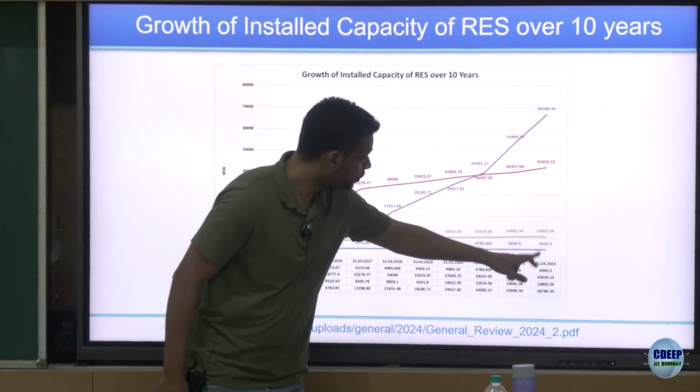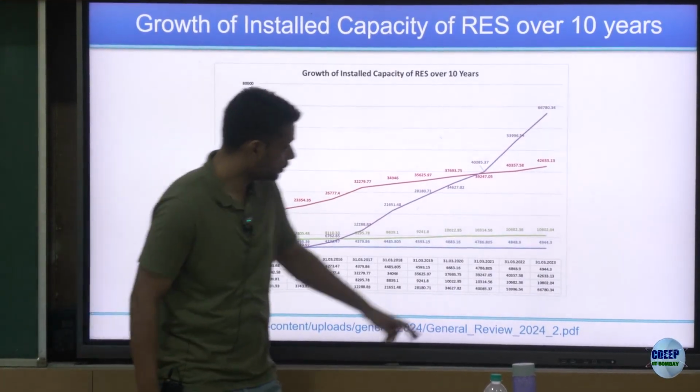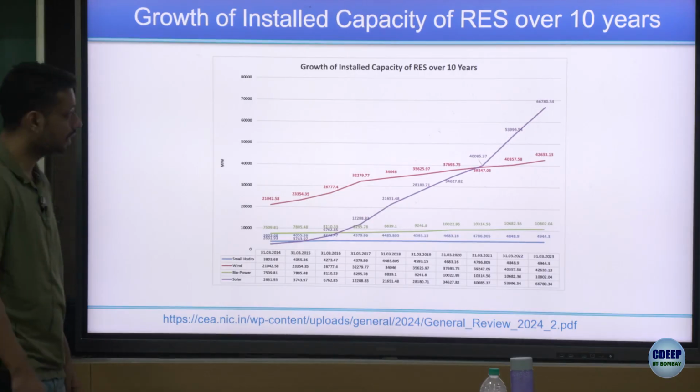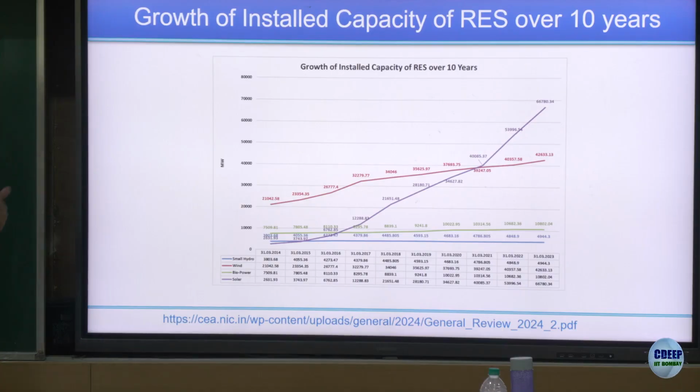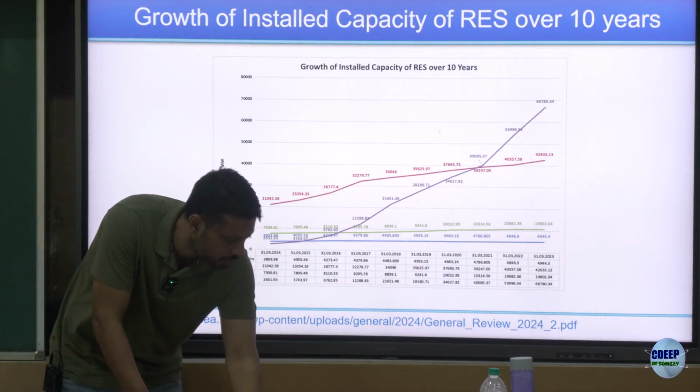This goes up to 2023. It says about 66 megawatt, but I have to check because the previous slide showed us 100 megawatt. I have to cross check this data and the value in the previous data, but it's a substantial growth.